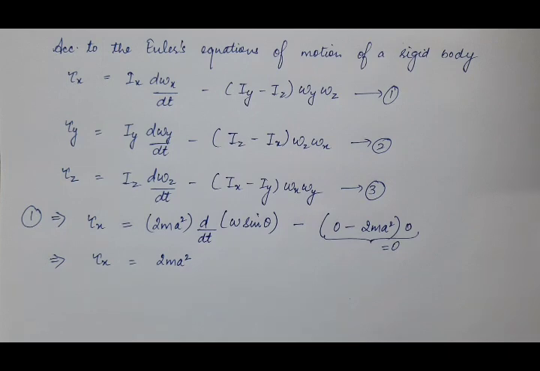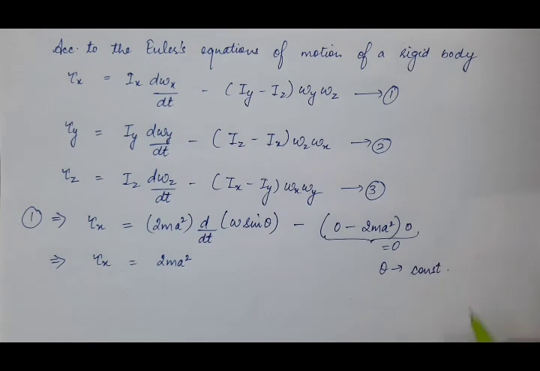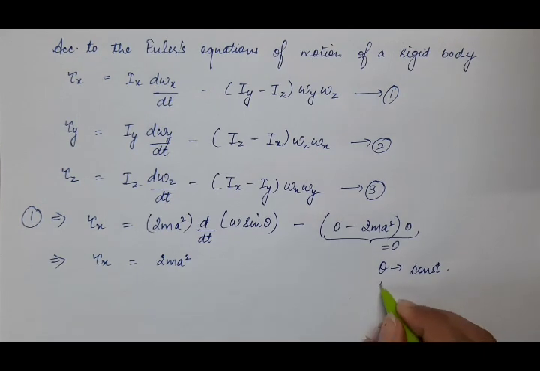But now we know that it is given that the two particle rigid rotator is always at angle theta from the axis of rotation. So this means that theta will remain constant. And also this two particle rigid rotator is rotating with angular velocity omega. It means it will not change. So omega is also constant.